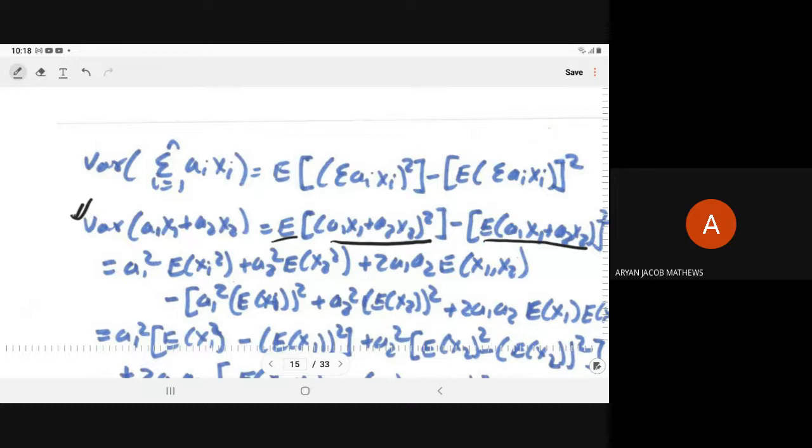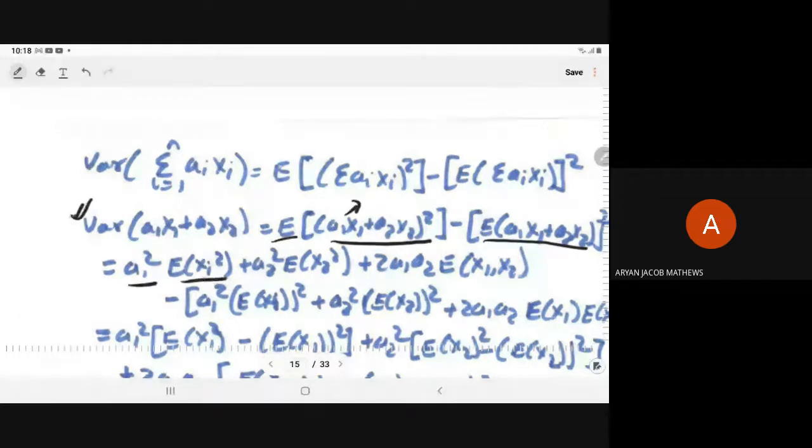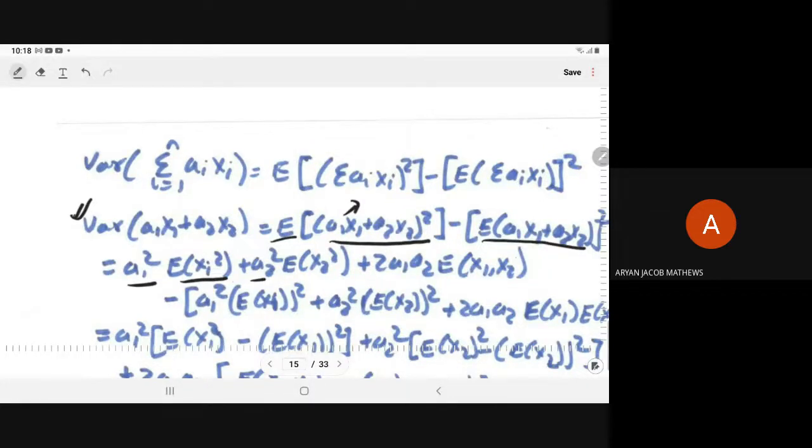If you open the bracket, this will give you a1 square x1 square plus a2 square x2 square plus 2 a1 a2 x1 x2. And we know that expectation follows the linear property. So this will become a1 square E of x1 square plus a2 square E of x2 square plus 2 a1 a2 E of x1 x2.